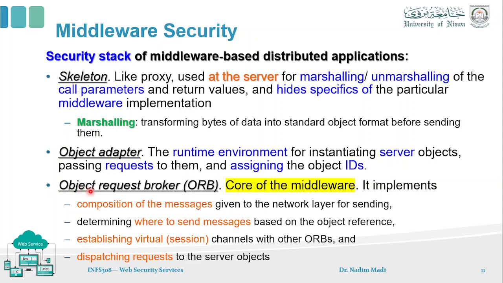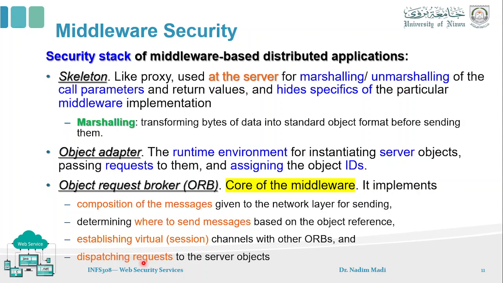And we come down to the ORB, or what we call the object request broker. As I told you, that's the heart of the middleware, or we call it the core of the middleware, because it handles the most critical functionalities. For example, the composition of the message, editing of the message, creation of the message, determining where the message should be sent to, providing all the security related data in the header of the message, establishing the virtual sessions, and ensuring that those virtual sessions are only established between legitimate parties, whether the party is a middleware client or the ultimate server.